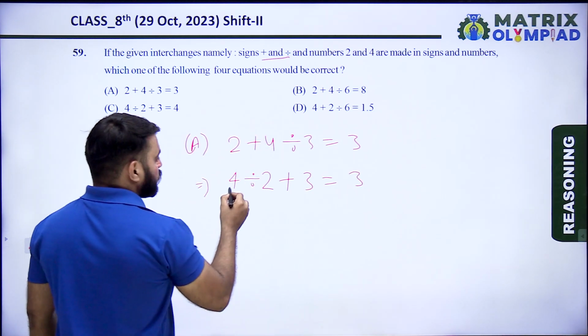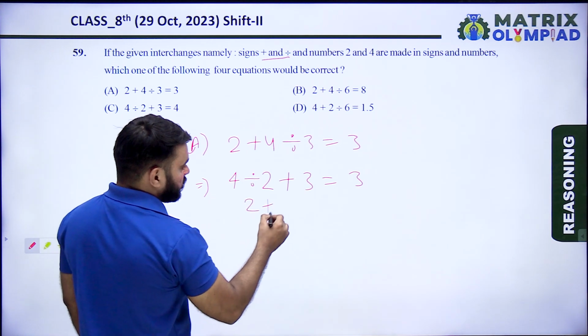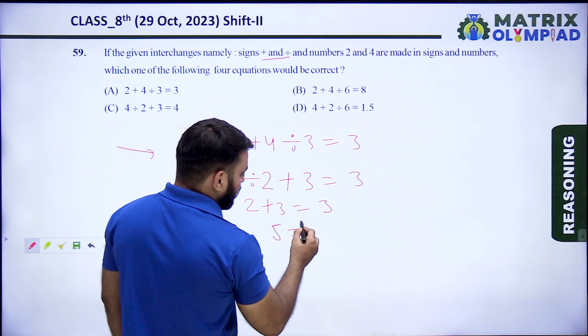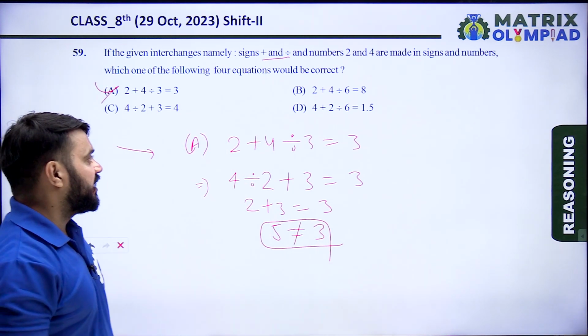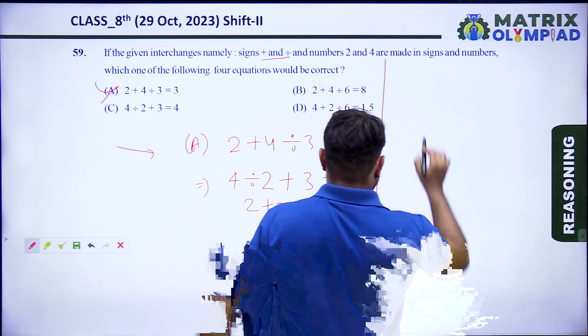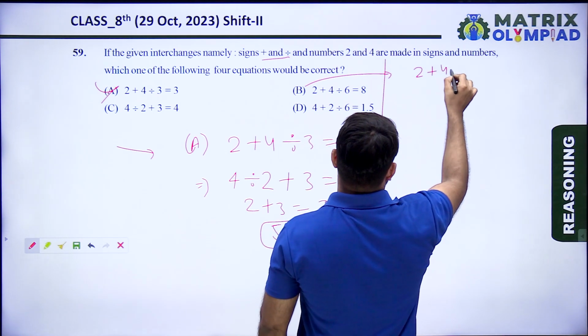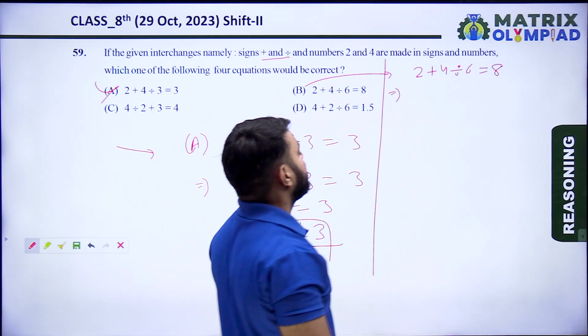So 4 divided by 2 means 2, plus 3 is equal to 3. 2 plus 3 means 5. So 5 never equals 3. So option A is the incorrect option. Now taking option B. According to option B, 2 plus 4 divided by 6 is equal to 8. Now interchange the numbers and signs.